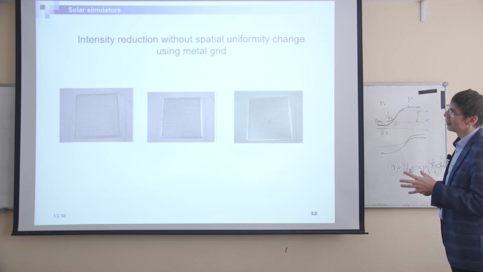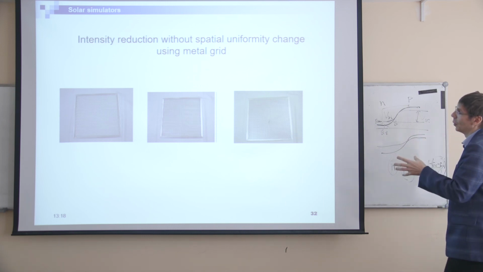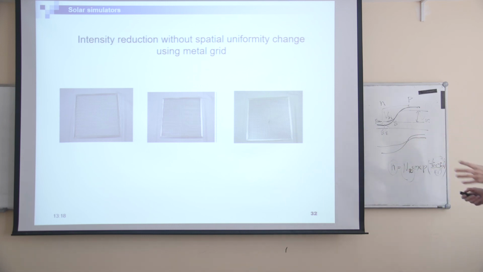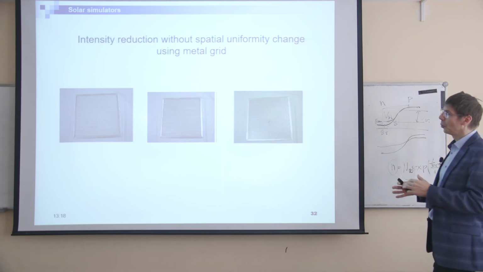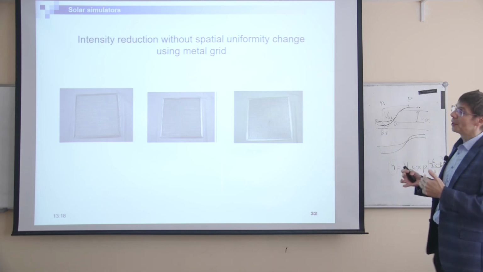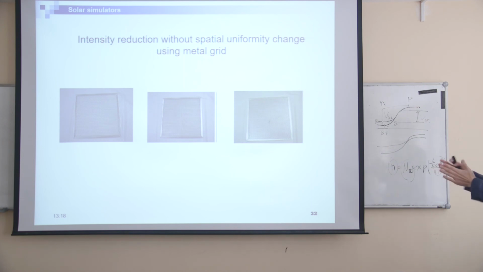If you want to decrease intensity, it's not so obvious either, because normally you cannot change the power, since it would change the spectrum. So you can, but just to adjust the intensity in quite a small range, especially for a xenon lamp, it's very limited.